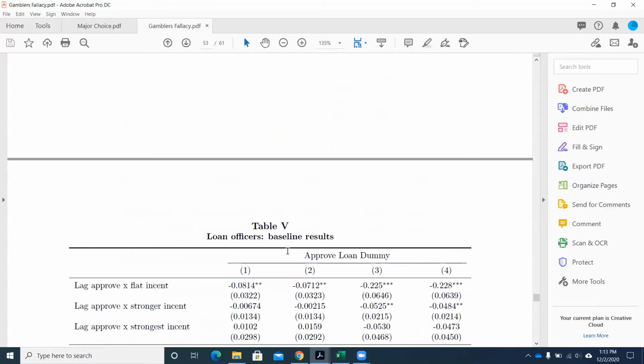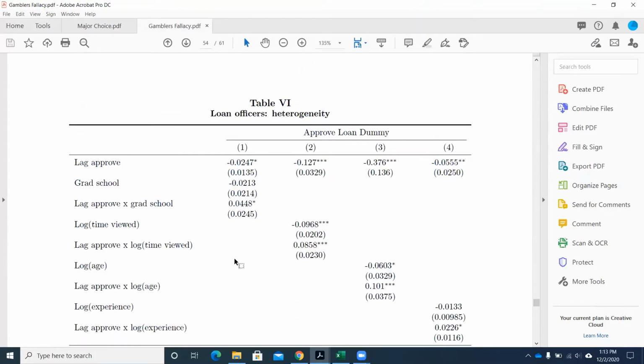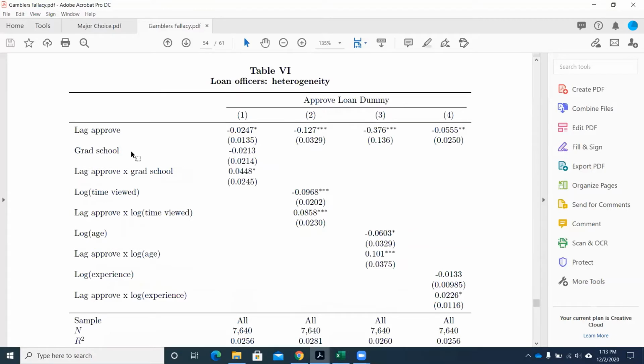So they look at this regression. Let me scroll down here a little bit. Okay, here we go. We're not going to focus on a lot of the results here, but the one that I want to look at specifically is just this column one, right? So if I look at the lag approve, right?